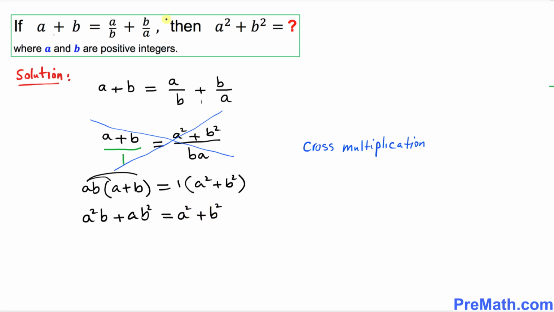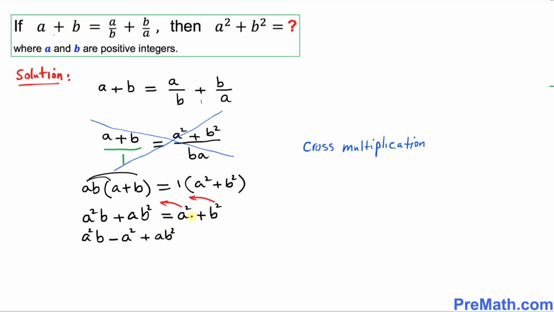Now in the next step we are going to move this a square and b square to the left hand side. So we're going to end up with a square b, and if I move this a square over, that is going to become negative a square, and then plus ab square.